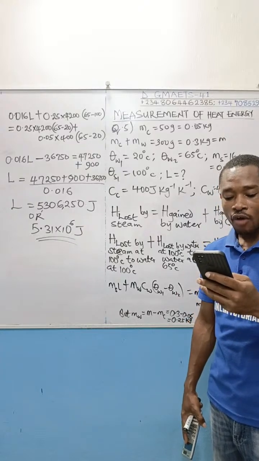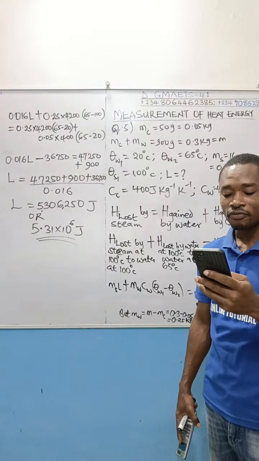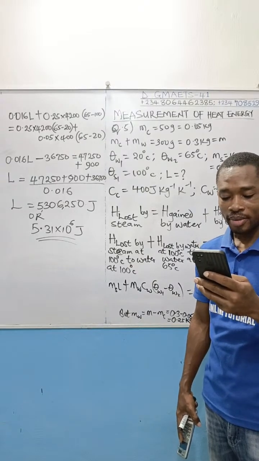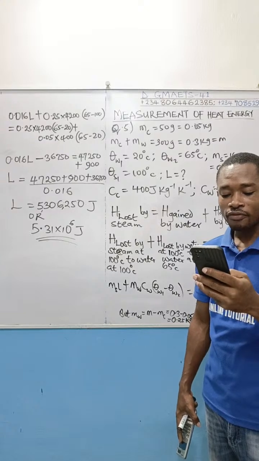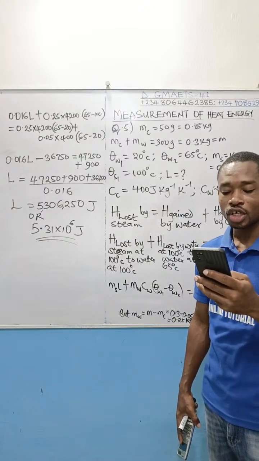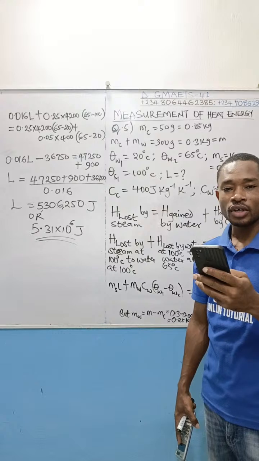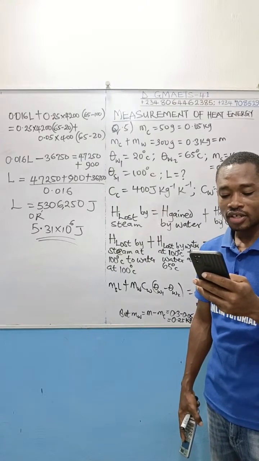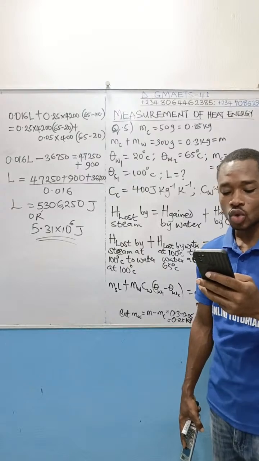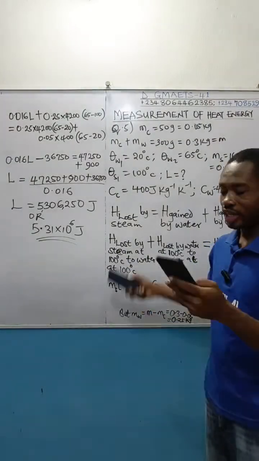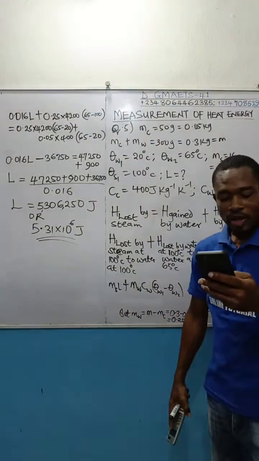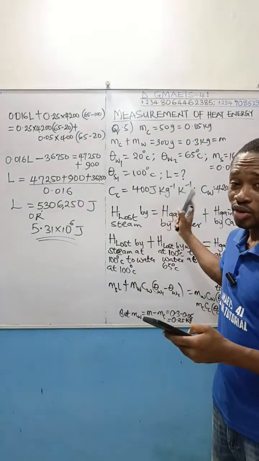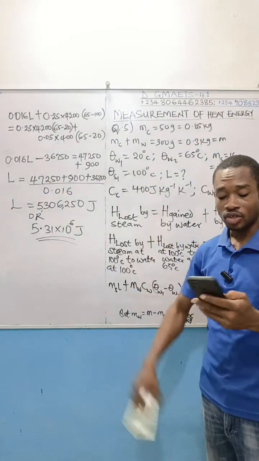What value of specific latent heat of fusion of ice is given by this experiment? In brackets, specific heat capacity of water equals 4,200, you have the unit already. Specific heat capacity of copper is 400. You have the unit already. So you fix up the unit.